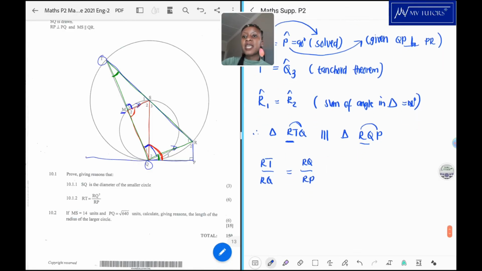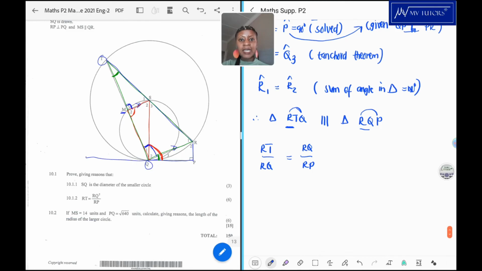Okay, so you have to take the corresponding angles. If I'm going to take the first two here, I need to take the first two on that side. If I'm going to take the first and the third, it also has to correspond, the first and the third. So how you write triangle, blah, blah, blah, is similar to triangle, blah, blah, blah, it is important how you put in those variables, okay?